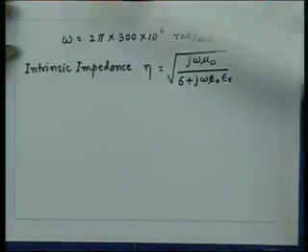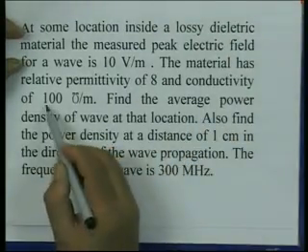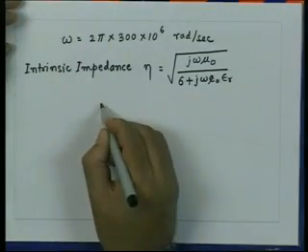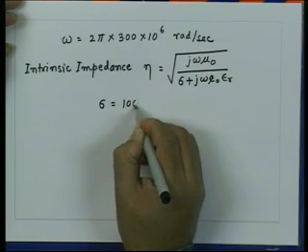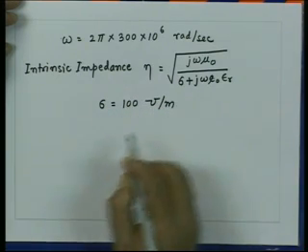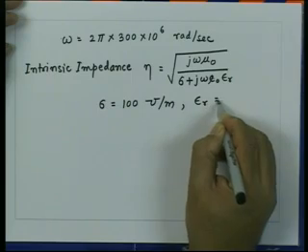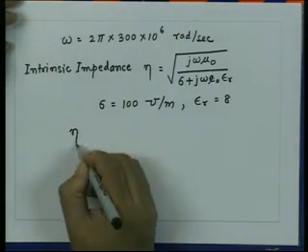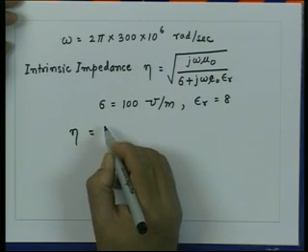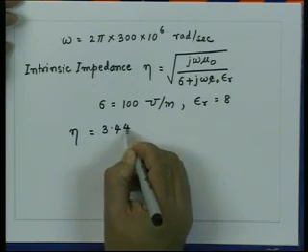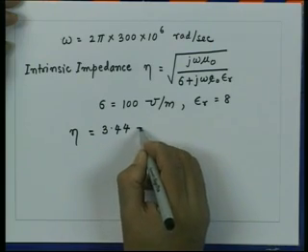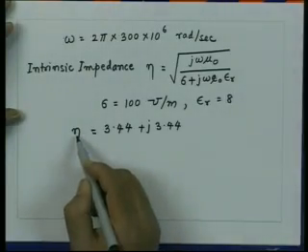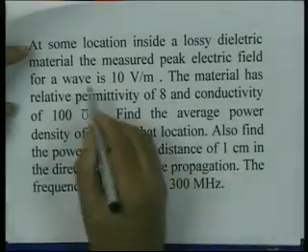Substituting these values, sigma equal to 100 mhos per meter and epsilon r equal to 8, we get the intrinsic impedance of the medium eta equal to 3.44 plus j 3.44.